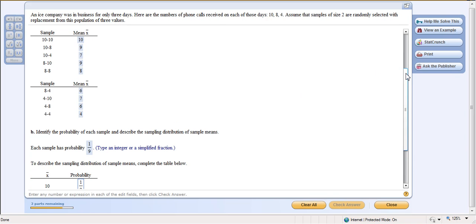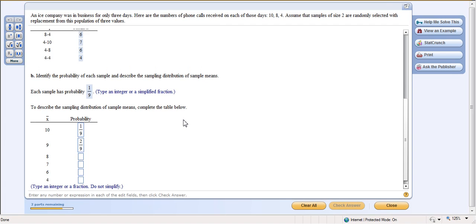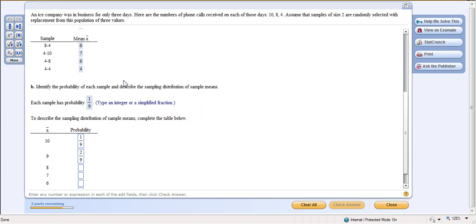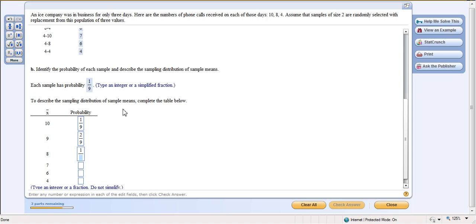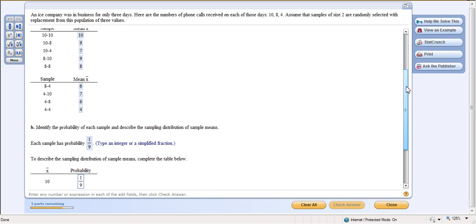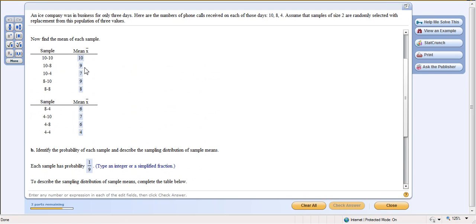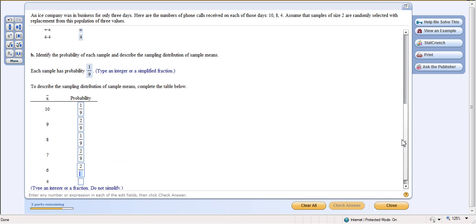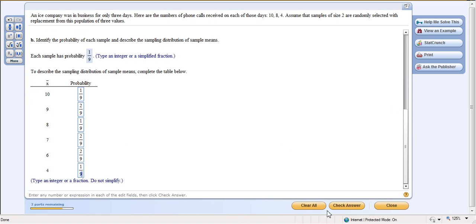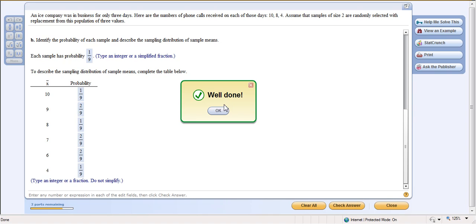So that's 2 out of the 9 possibilities. 8 occurs 1 out of the 9 possibilities. 7 occurs 2 out of 9. We're going to fill these all in. 6 occurs 2 different times. So 2 divided by 9, and then 4 occurs 1 divided by 9. Okay, so we're going to check the answer, and we get the well done.